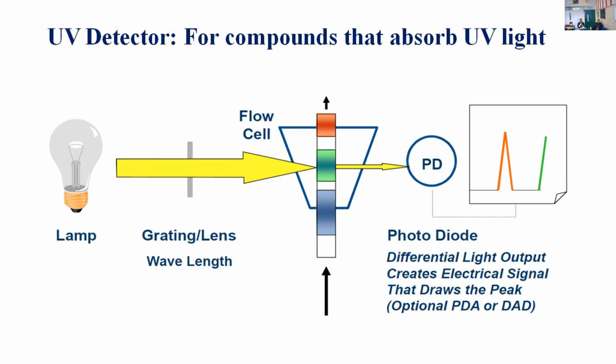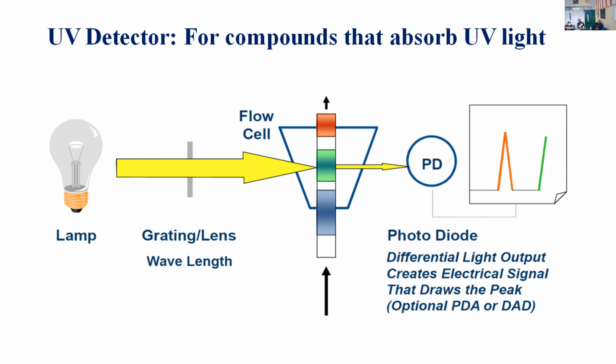Coming to the detector, it is the last part of the HPLC. In the case of a UV detector, we specify the wavelength to pass through the lens onto the flow cell. A specific compound has the nature to absorb light of a specific wavelength.